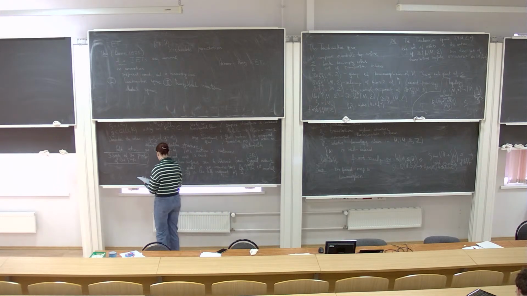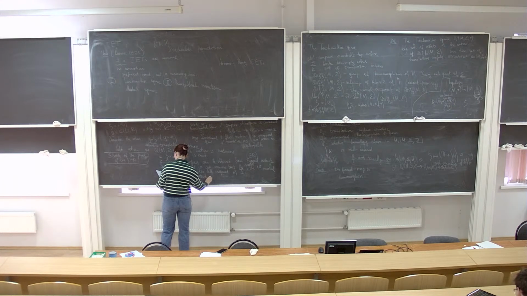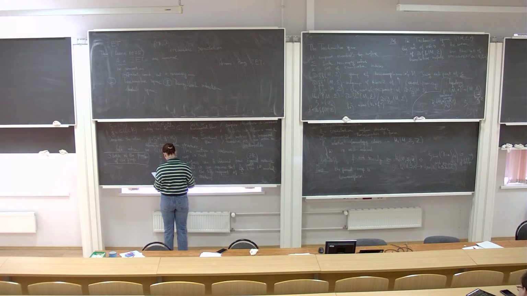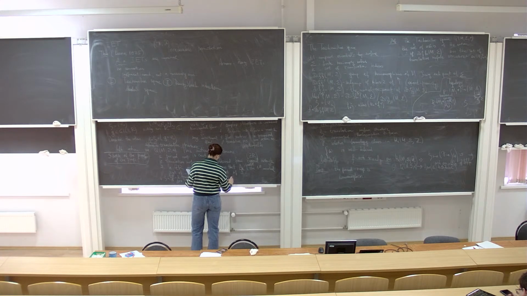And then, if we are given two translation structures that are close to each other, so they're close to our sigma, and we say that they have the same image under the period map. What does it give us?